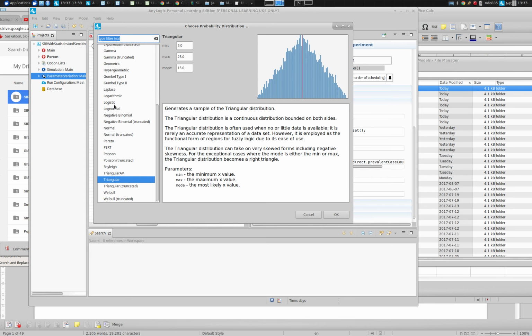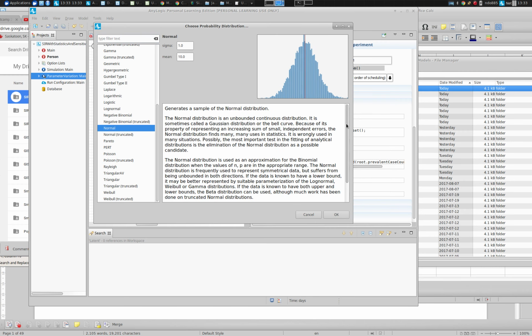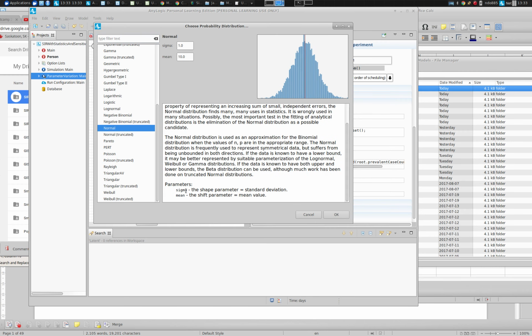Specifically, it requires you to specify sigma before the mu, sigma before the mean, the standard deviation before the mean, which is opposite every convention I've ever encountered, and it's opposite my intuition.